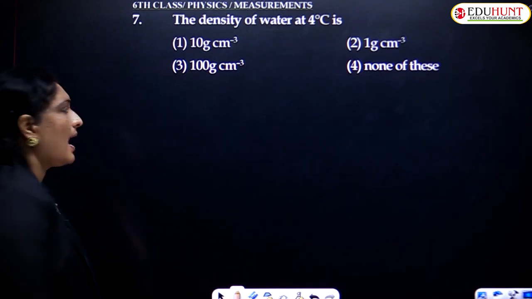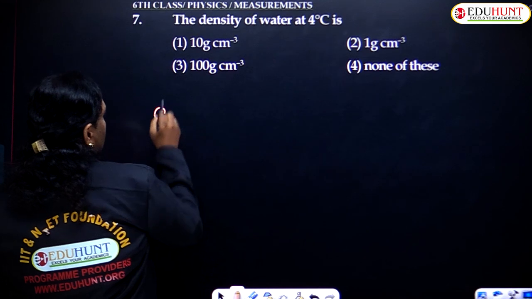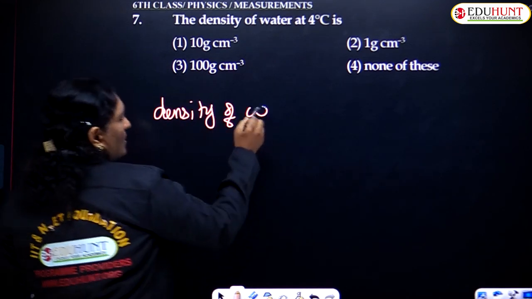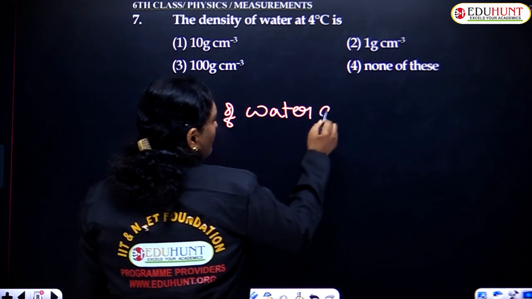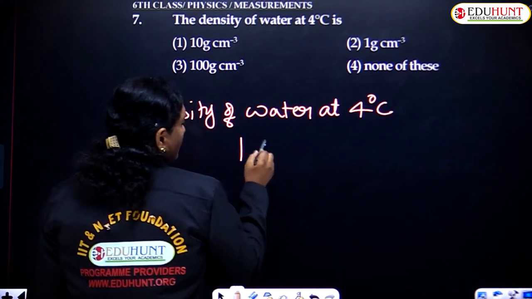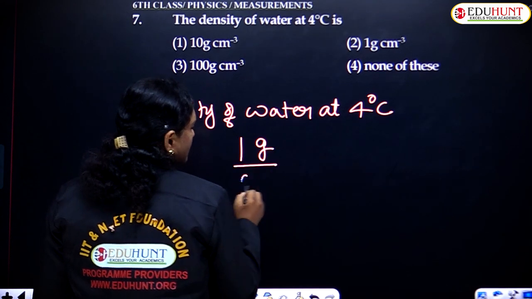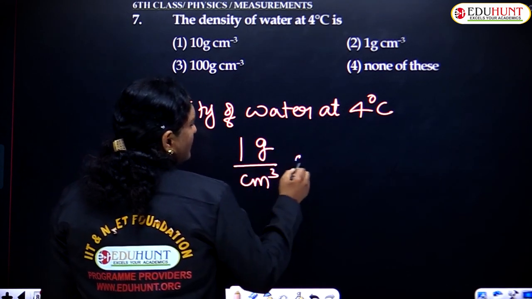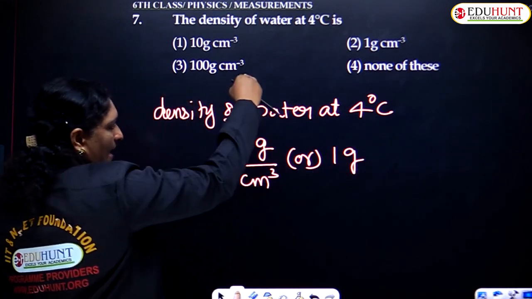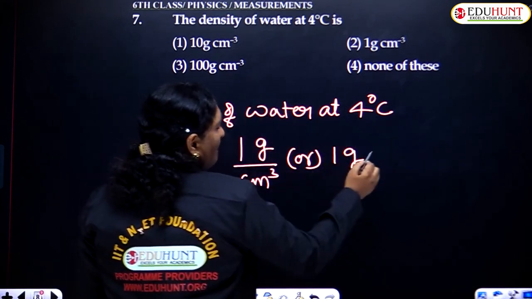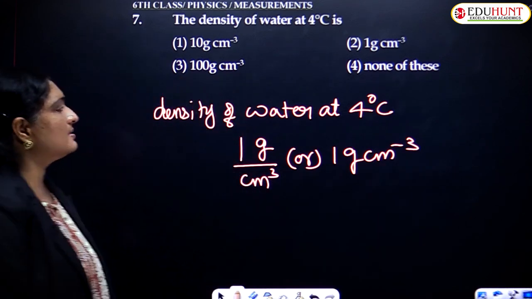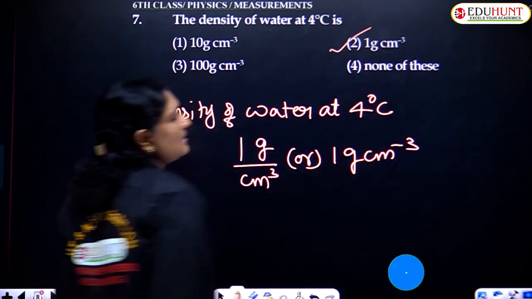This can also be written as 1 gram per centimeter cube, where moving the unit upwards changes the plus 3 to minus 3, so you can write it like this also. So where is the correct answer? Here, 1 gram per centimeter cube.